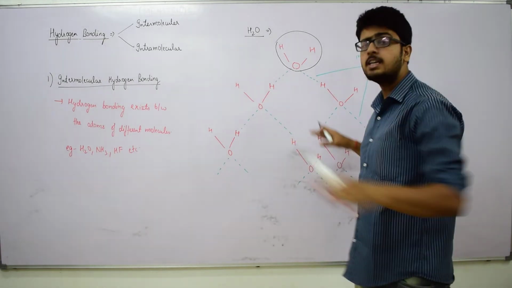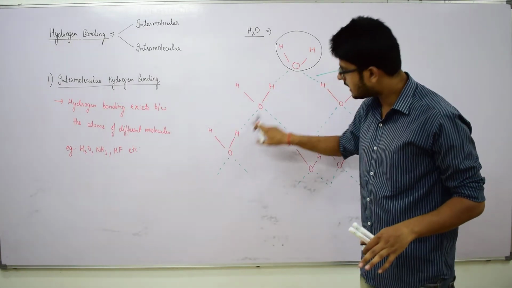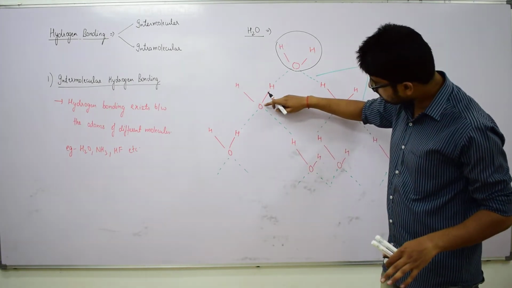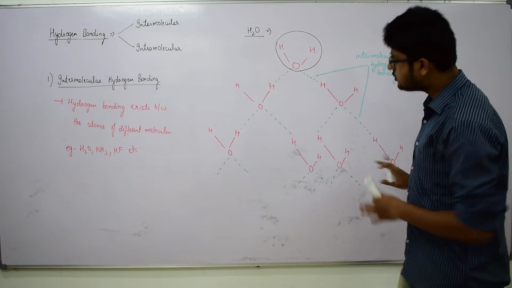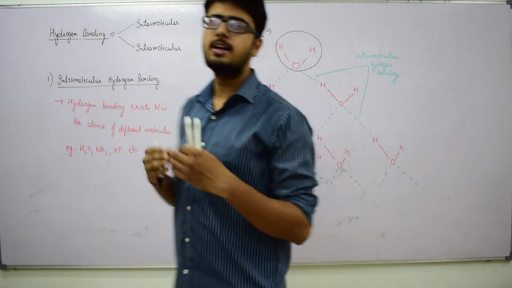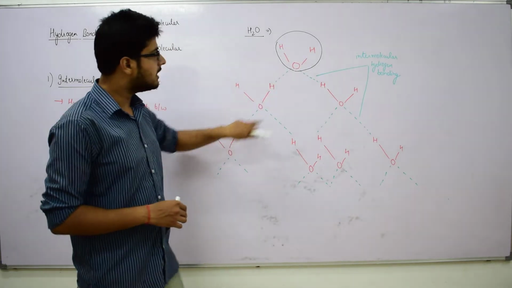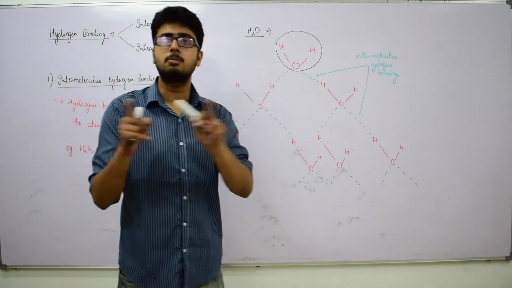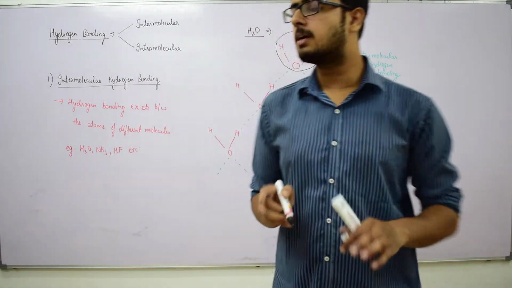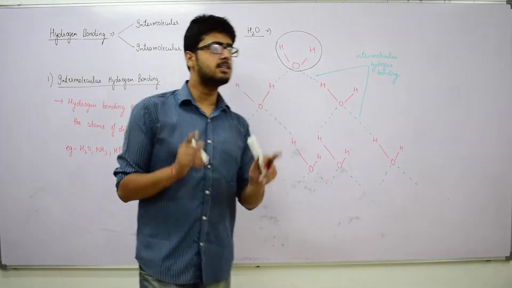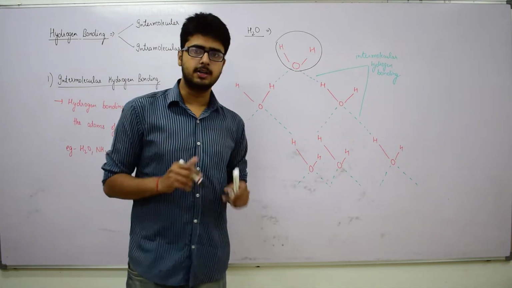This chain reaction will go on and leads to the further attachment of different water molecules, leading to the formation of intermolecular hydrogen bonding. So this was our first example of water, wherein we discussed formation of intermolecular hydrogen bonding.